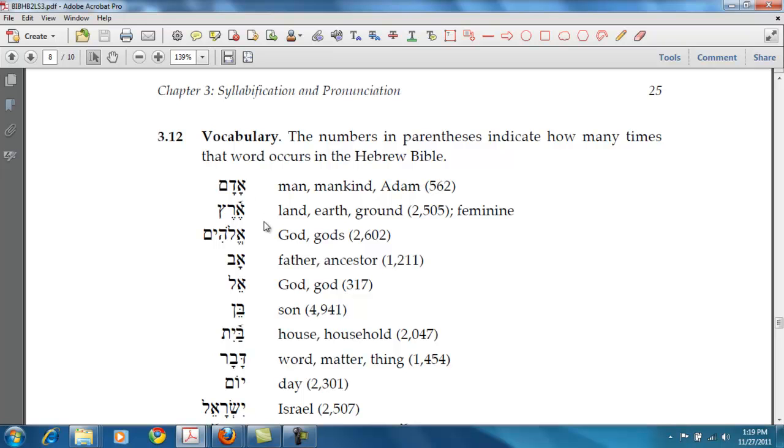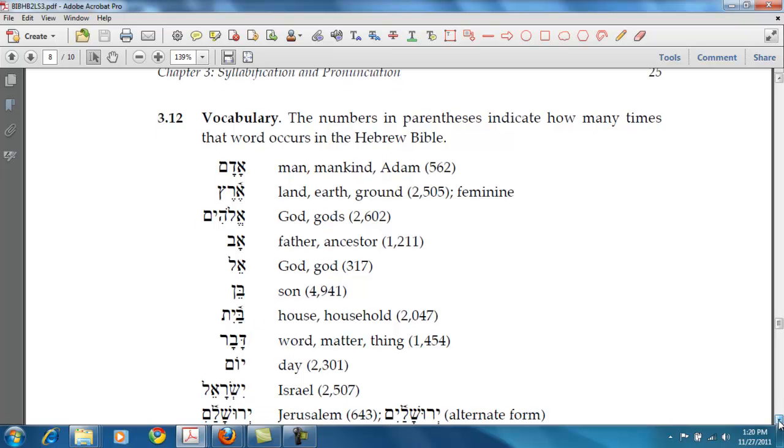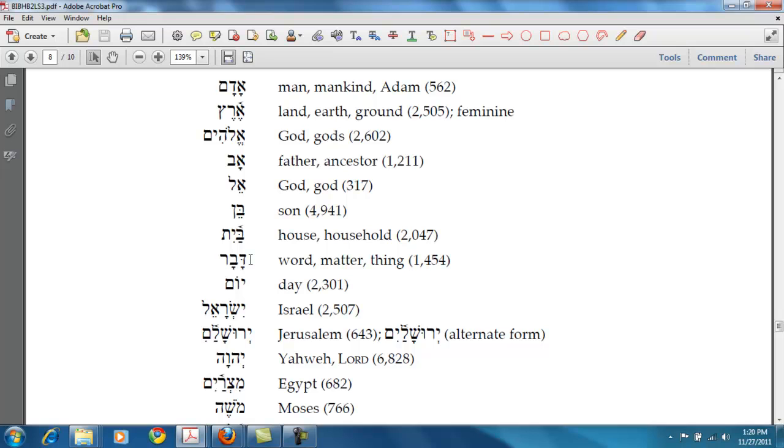Adam, 562. Eretz, 2505. Let's just go down each word. Adam, Eretz, Elohim, Av, El for God, Ben for son, Bayit, house or household, Davar, a word, matter or thing, Yom for day, Yisrael for Israel, Yerushalayim, which is basically Jerusalem.